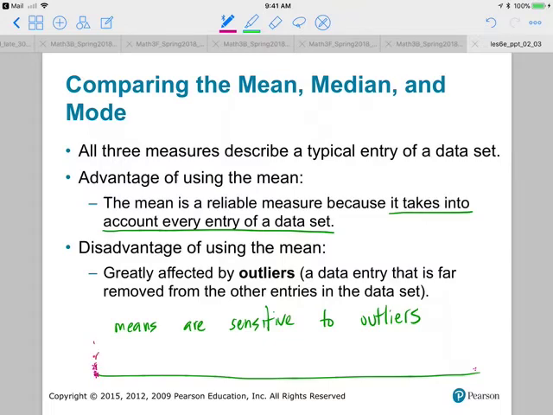If you've got some people that are billionaires, it's going to skew the average so that it looks much higher. That'd be a nice little project, to see how they talk about that 1%, and how it skews the mean wealth.